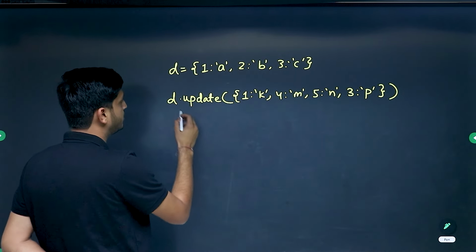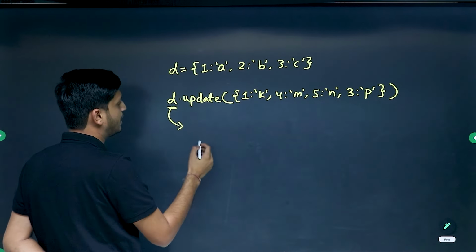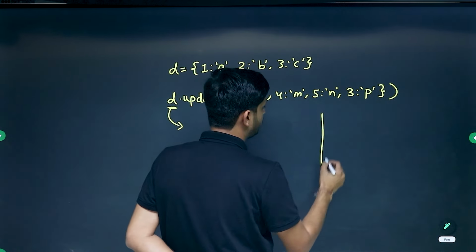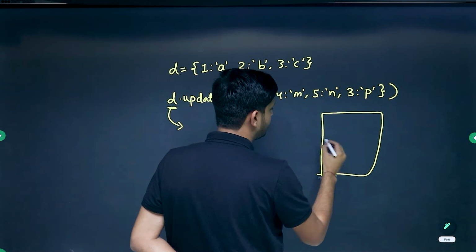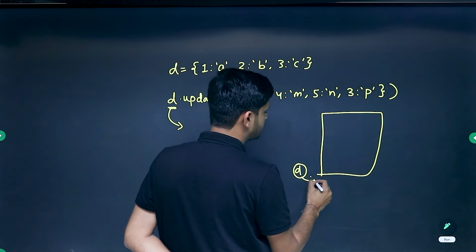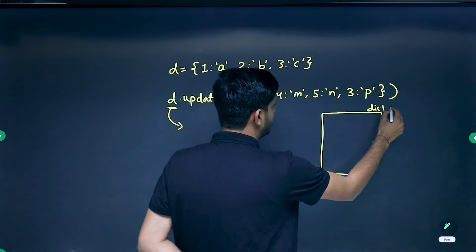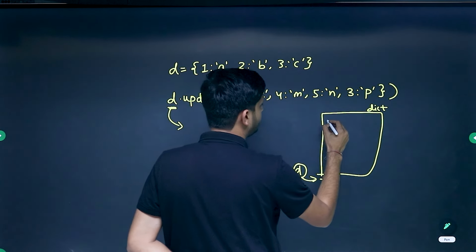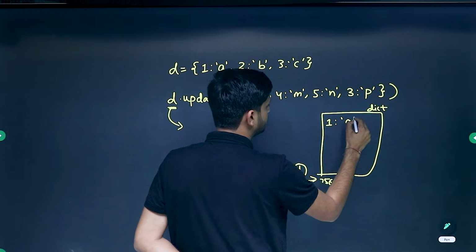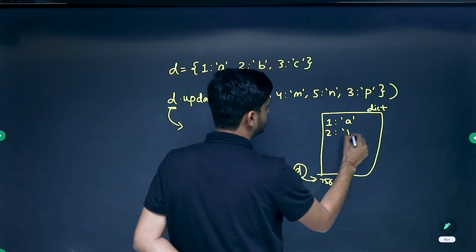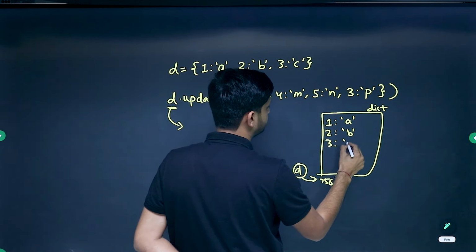So how will this work? Inside the dictionary D, what will happen now? In memory, there is a dictionary present and D is pointing here, let's say at memory location 756. Right now the dictionary contains 1A, then 2B, then 3C.